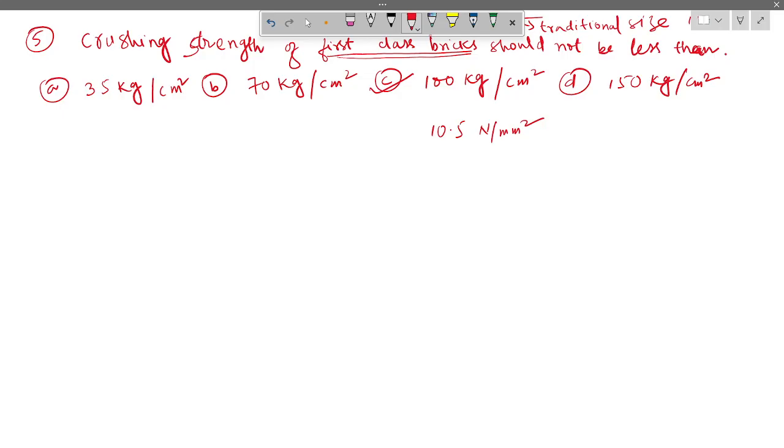For the second class brick, what will be the answer? It is 70 kg per centimeter square. For the third class brick, it is almost 50 kg per centimeter square. So note it down.